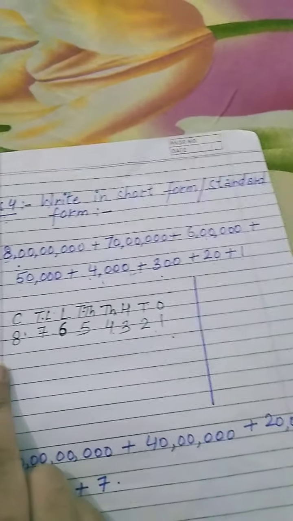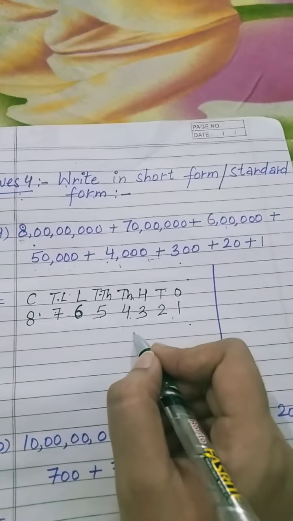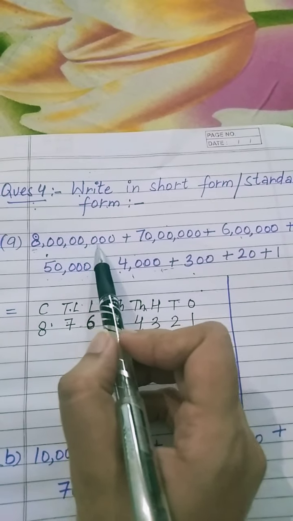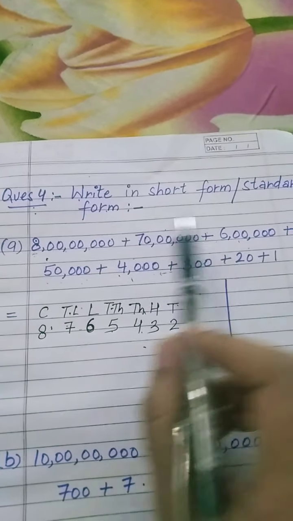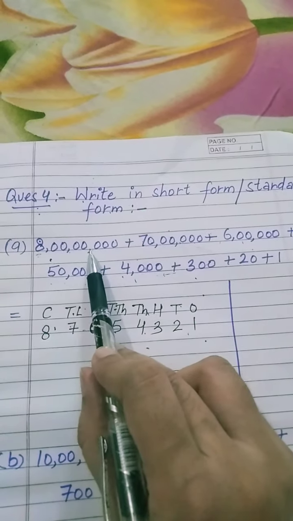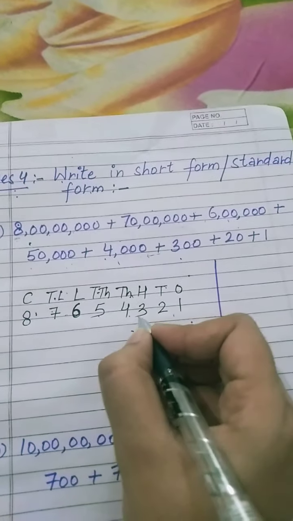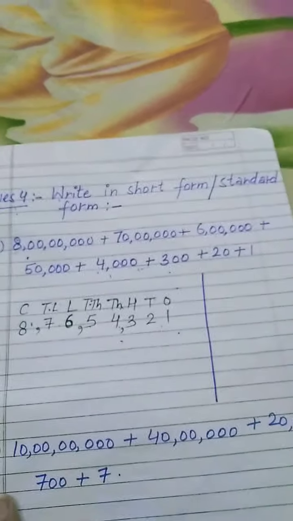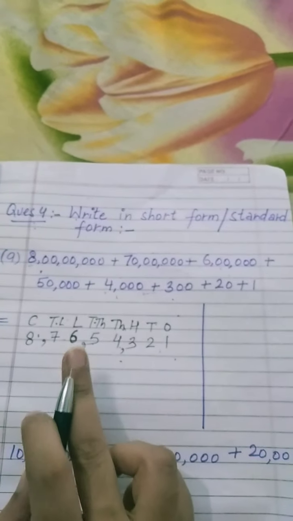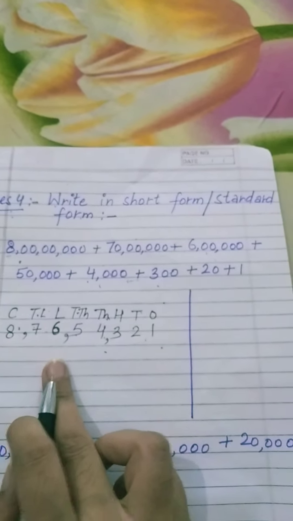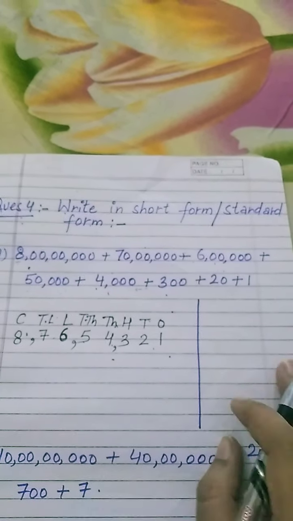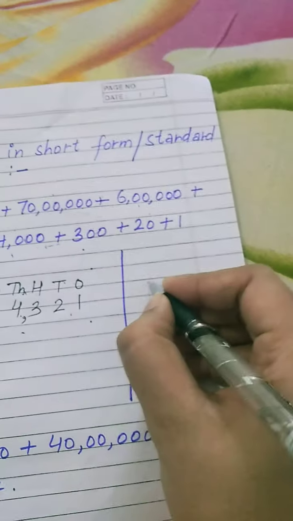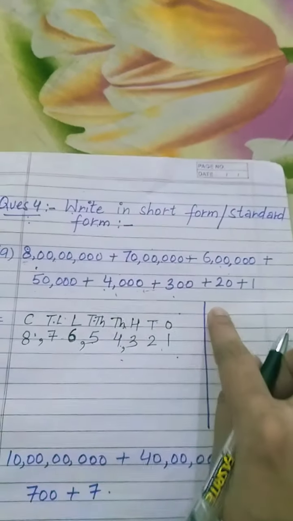And then we have to put the commas according to the Indian system. As you can see in the question, the commas are put according to the Indian system: first after 3 digits, then after 2 digits, then again after 2 digits, then again after 2 digits. This is the first method by which you can find the short form. The other method, if you want to check this answer, is to simply add these numbers.